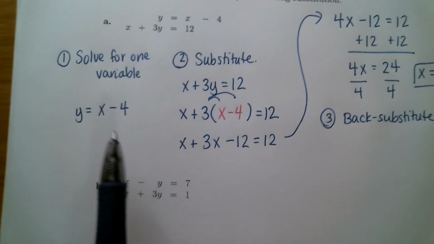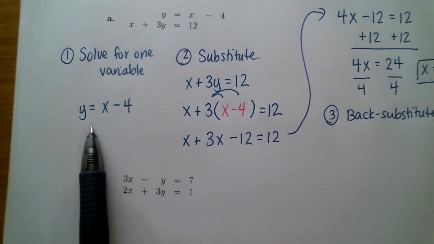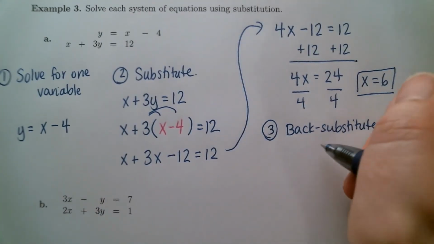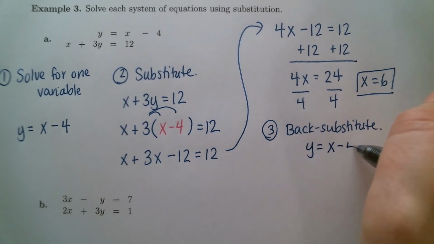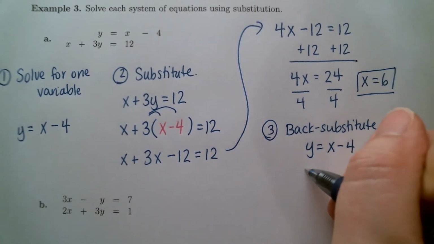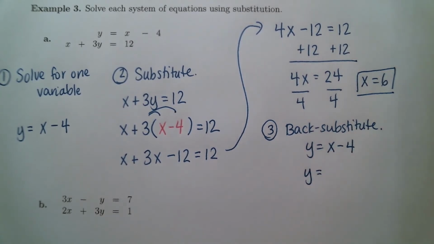The easiest thing to do is to use this because this tells us how to get y. So we know y has to be x minus 4, and we also know that x is 6. So we'll go ahead and substitute that. We know x is 6.